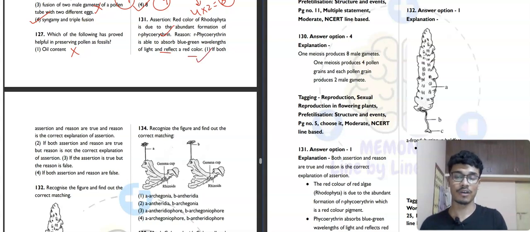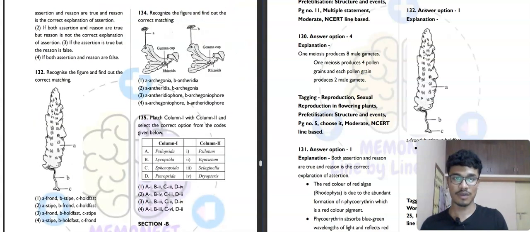The reason explains why they show red: they absorb the blue-green wavelength and reflect red color. Phycoerythrin is the pigment, and that is its function. So the reason correctly verifies the assertion. Both assertion and reason are true, and the reason is the correct explanation of the assertion. The first option will be our correct answer.